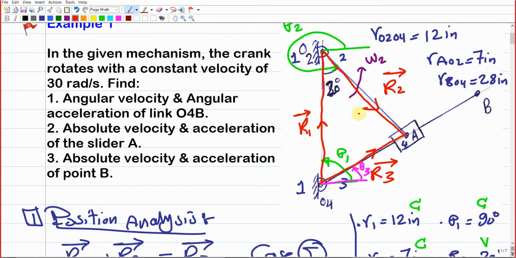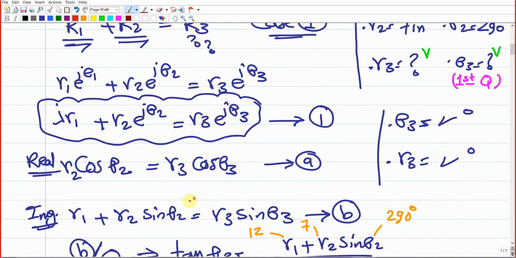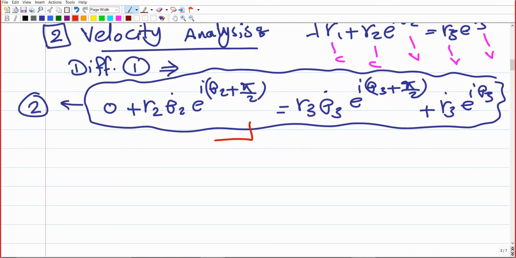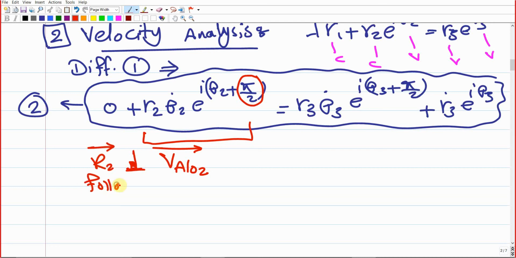So for any length that rotates, like for example, it has 2 points, point A and O2, this component gives the velocity of point A with respect to O2 that belongs to the length 2, and its direction is perpendicular to R2 and follows the direction of theta 2 dot, which should be omega 2. This is how we can read the directions. So what does it mean? It means that this term should be perpendicular to the R2 vector and follow the omega 2 direction, right?